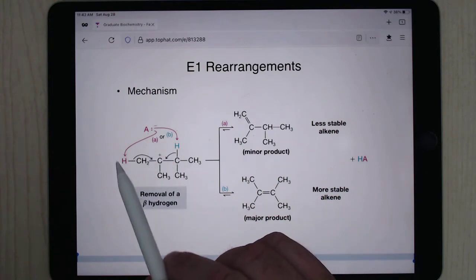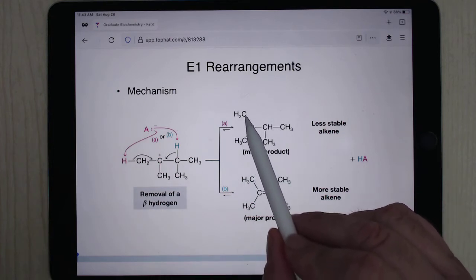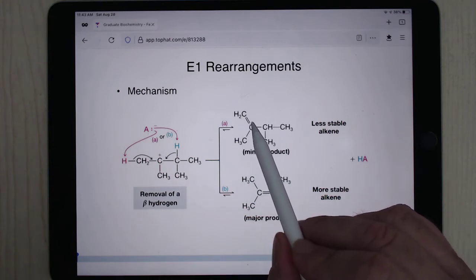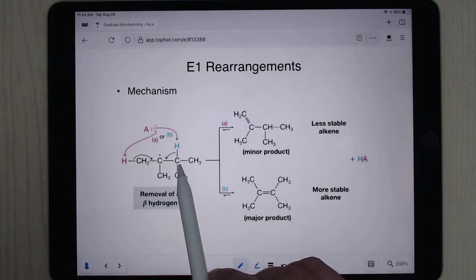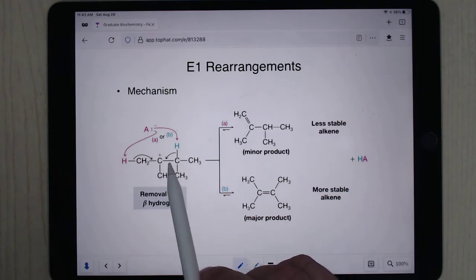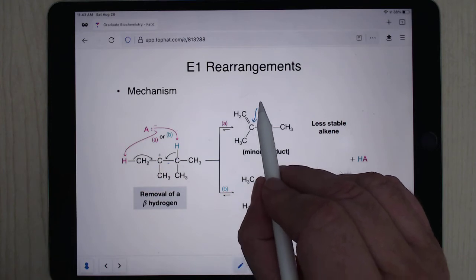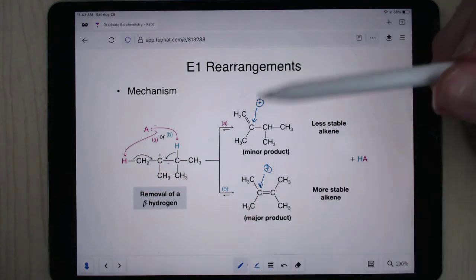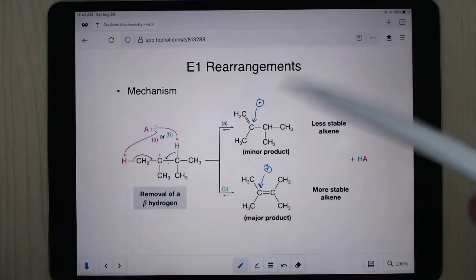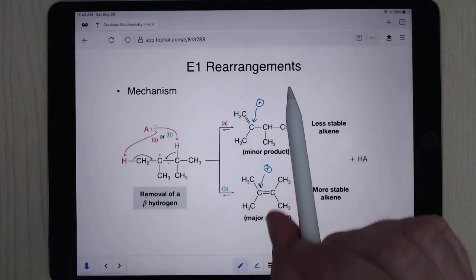If you grab this hydrogen over here, you end up making this alkene product. If you instead go to the other adjacent CH bond, you would make the double bond on the other side. So you go on the left side and then the right side. That's where the carbocation ended up.